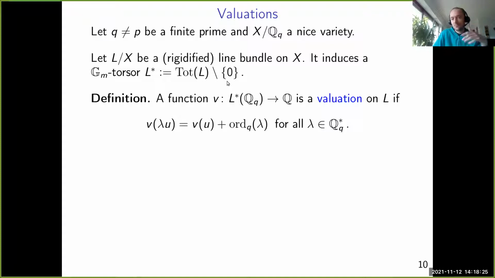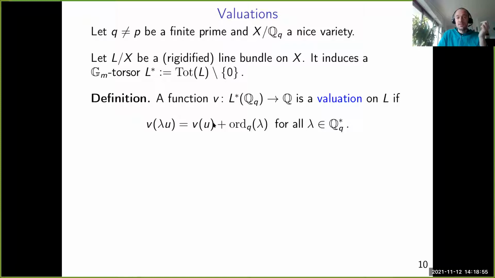Remember, we're interested in something that should be an analog of the log of a metric. And so that is actually defined on L star. So this is the sort of space we should consider. Now I'm going to call a function V on L star into Q, and this is important, so this is supposed to have rational values, a valuation on L if this scaling condition here is satisfied.